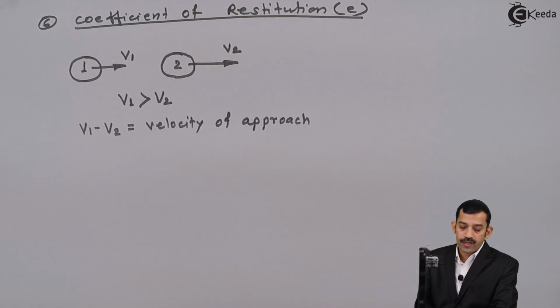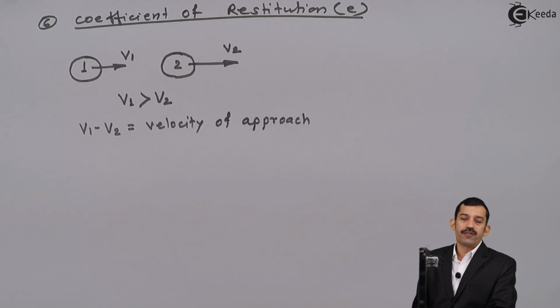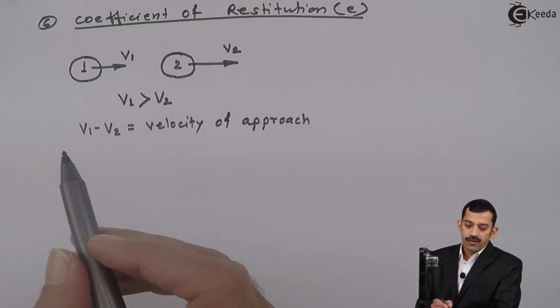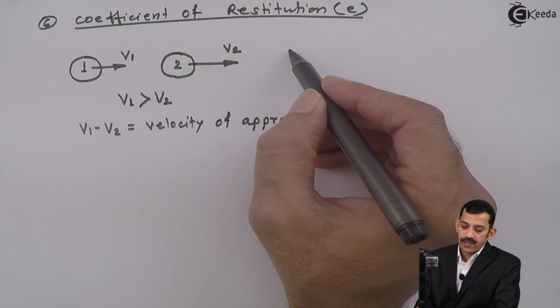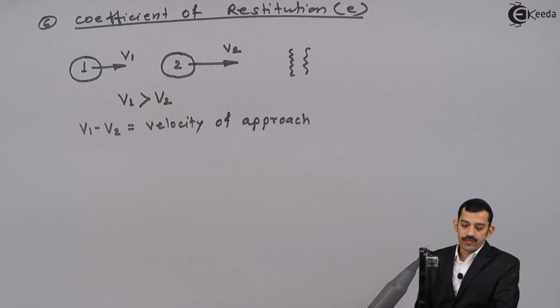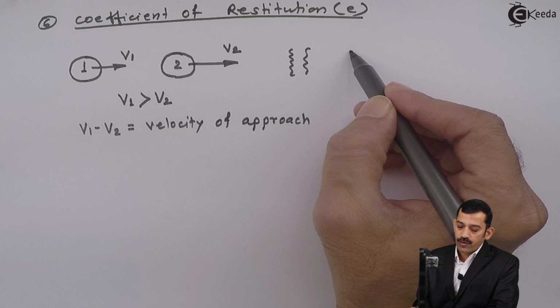So before impact, the difference between the velocities of these two bodies, v1 minus v2, is the velocity of approach, because body 1 approaches towards body 2 as v1 is greater than v2. When body 1 approaches and finally strikes body 2, this is the impact. Once body 1 strikes with body 2, what happens?